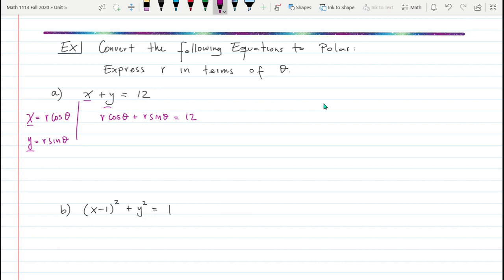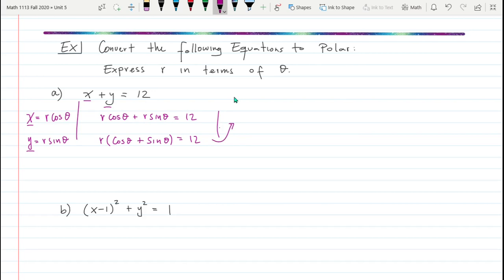Now I want the r by itself. Notice how both terms have an r. That means I can factor it out. If I factor out an r, this becomes r times cosine theta plus sine theta equals 12. But then I still want r by itself, so I'm going to divide both sides by cosine plus sine.